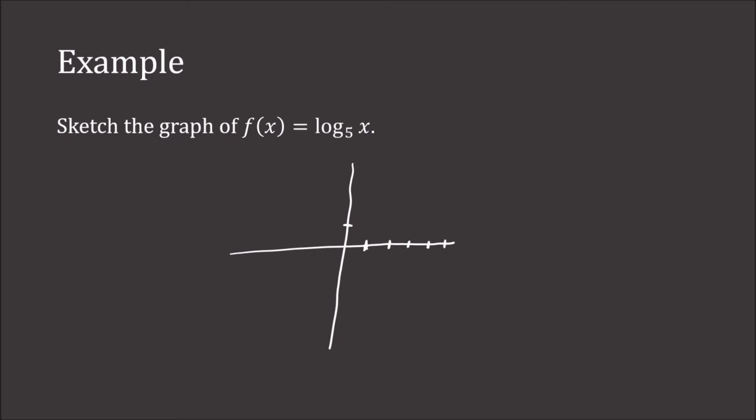So I'll put a point there, and then (5, 1) is another point. So our graph would look something like this. Something like that.